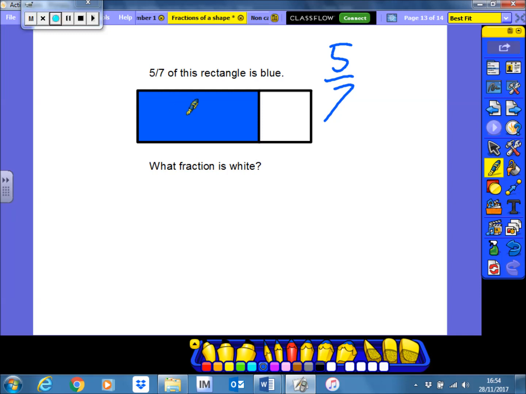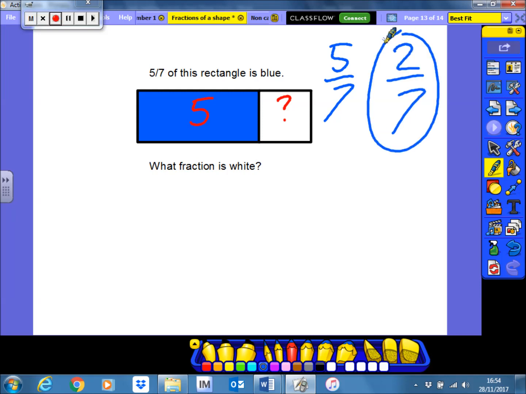So if 5 of these 7s are blue, we should be able to see how many 7s must be remaining that are white. So 5 plus what equals 7 is basically our question here. And the answer then is that there are 2 7s that are white. So 5 7s plus 2 7s equals the whole shape, 7 7s.